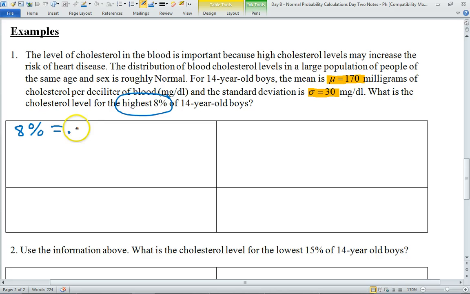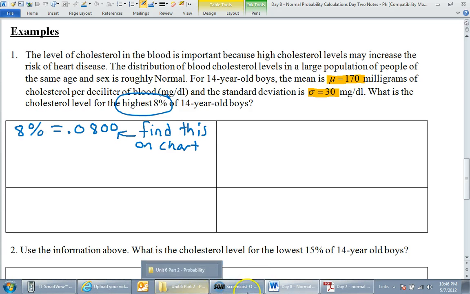I have to move the decimal point 2 times. So that's 0.08. If I wanted to look at it as 4 decimals, I could say 0.0800, like this. This is the number I have to find on the chart. Okay, let me put a little note to myself. Find this on chart. Okay, that's what we're going to do first.